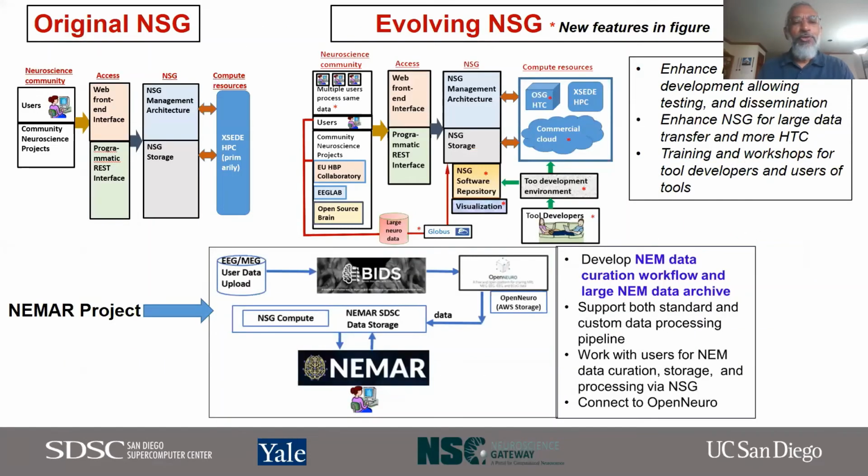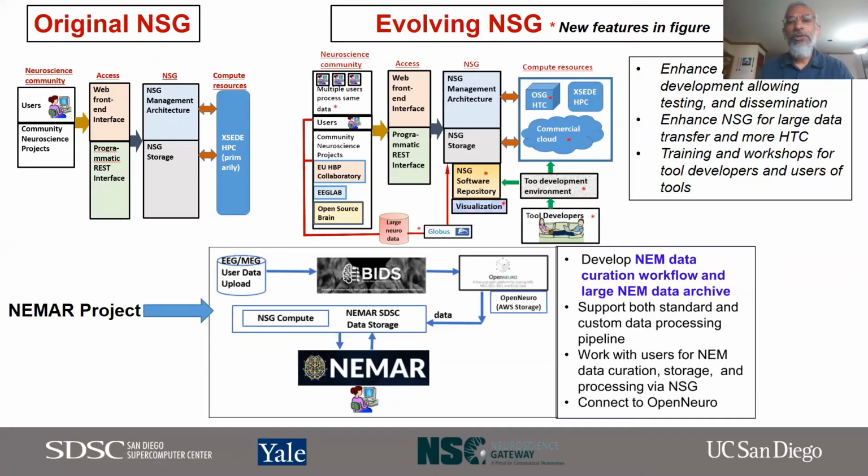So just to show you our pictures of how NSG is evolving. On the left, you see the original NSG, which has both web-based and programmatic access. And you can see under compute resources, under the original NSG banner, it says HPC because it was for computational neuroscientists.